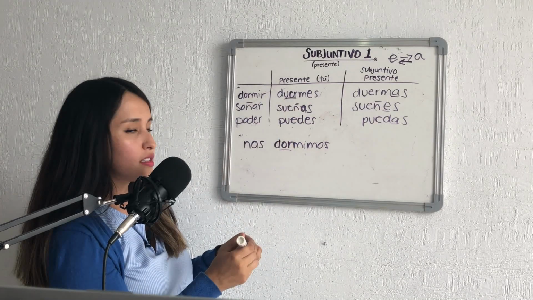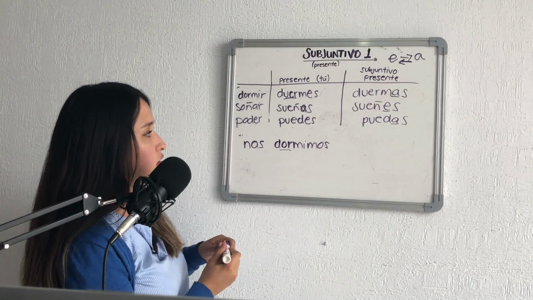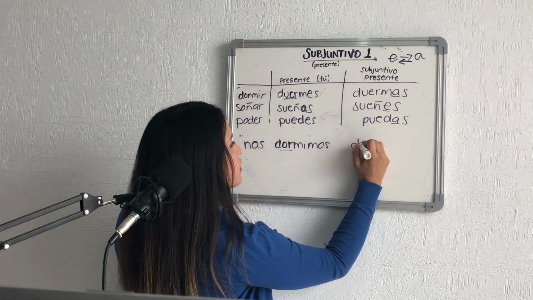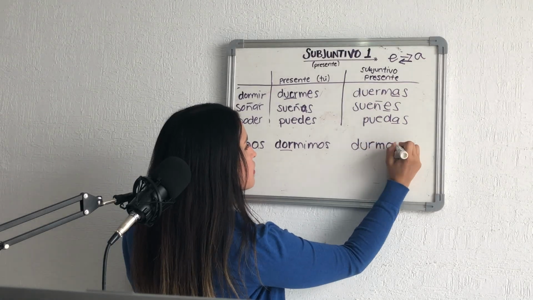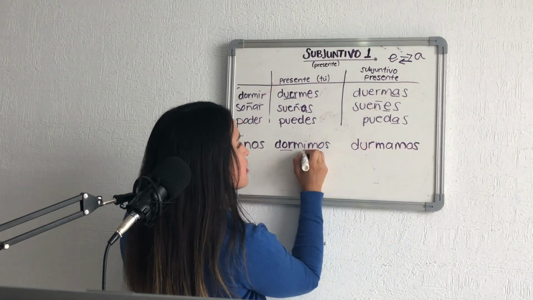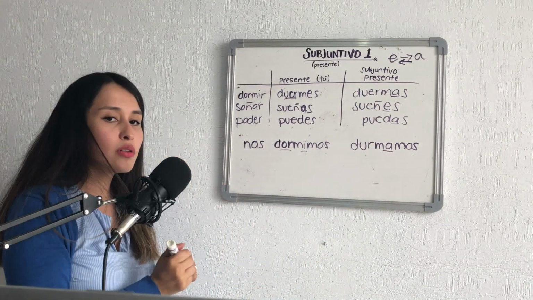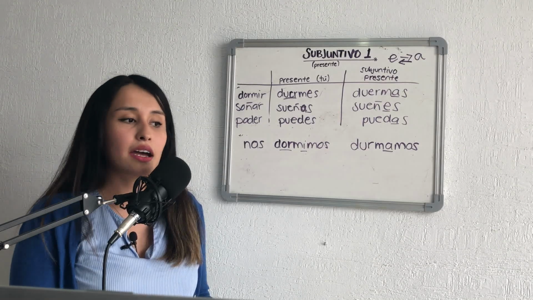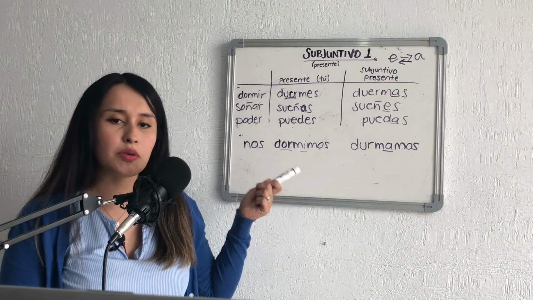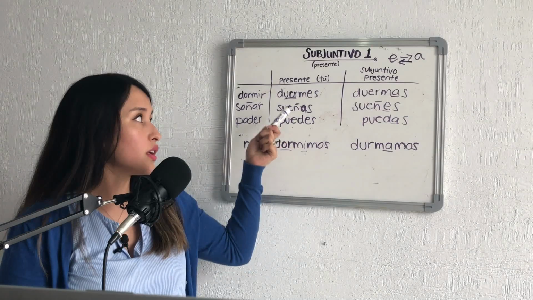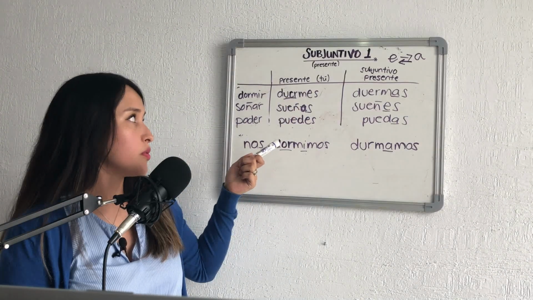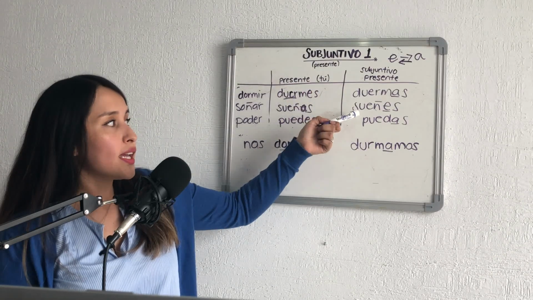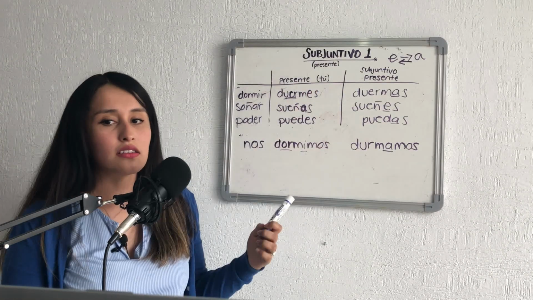But the rule for subjunctive is still the same. You just need to change the I for an A. So the rule for irregular verbs for nosotros is a little bit more complex, and we're going to have a video explaining this specifically, but now you know how you can do it for tú, okay? And then the rest of the people. So yo duerma, él duerma, ellos duerman. Yo sueñe, tú sueñes, ellos sueñen, and so on.